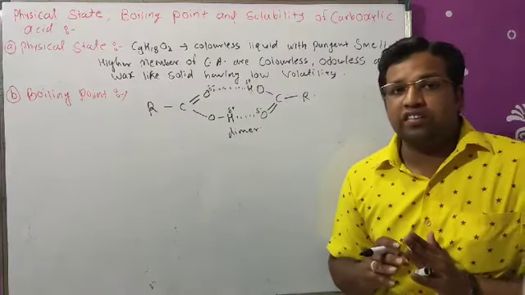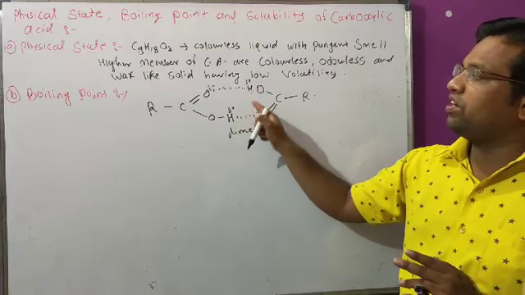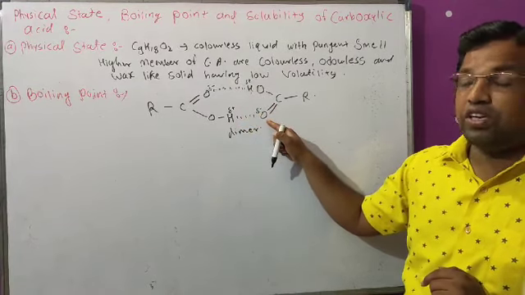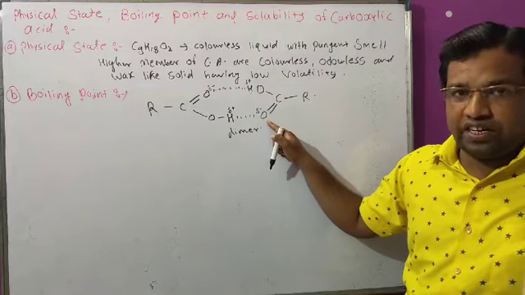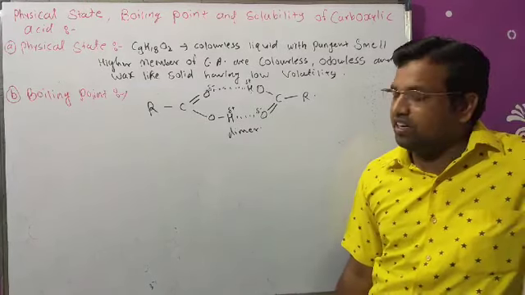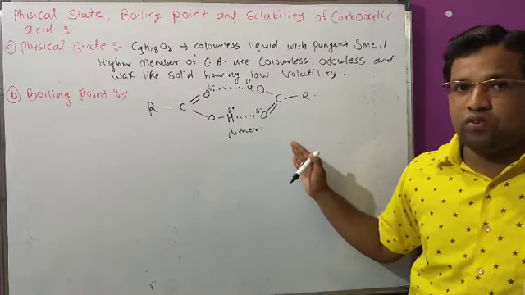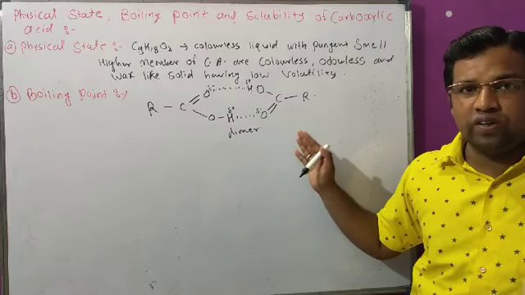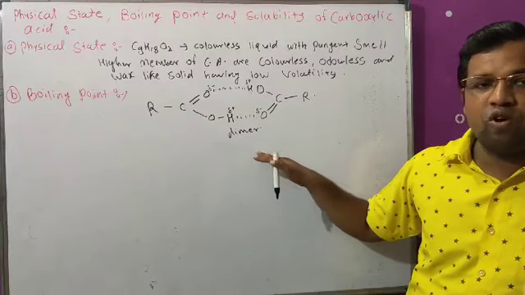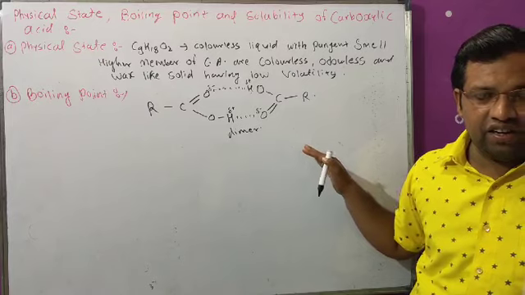This hydrogen bonding takes place between the acidic hydrogen atom of one molecule of carboxylic acid and the carbonyl oxygen atom of another molecule of carboxylic acid. Okay, and it forms the dimer, and therefore the van der Waals force of attraction also increases. Therefore carboxylic acid has a higher boiling point than the aldehyde, ketone, alkane, ether and alcohols.